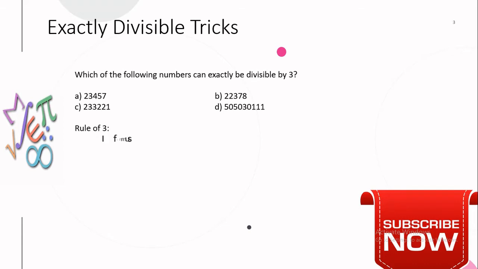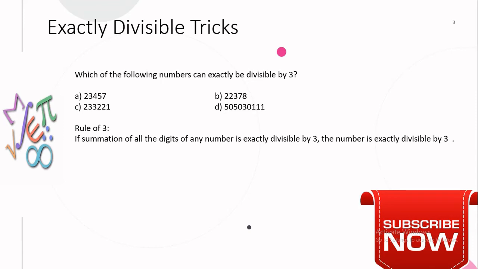If we divide option A by 3 and B by 3 every time the traditional way, you can see there are a lot of digits in a number, so you're going to kill your time for just one question. So what you're going to do: if the summation of all the digits of any number is exactly divisible by 3, the number is exactly divisible by 3. Let's see this, then it will be clear for you.